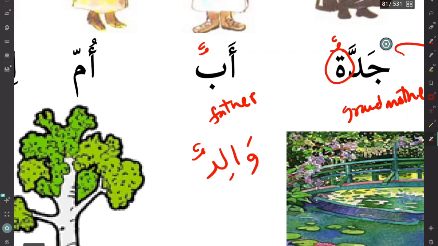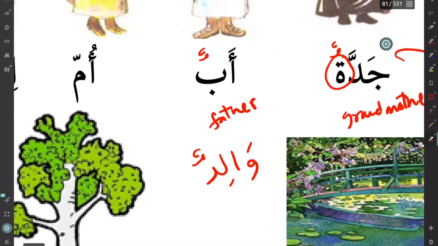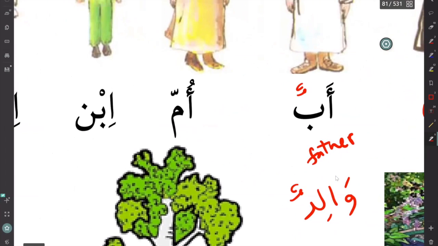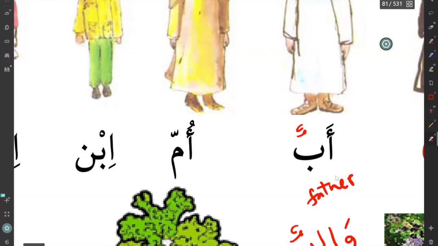which is also father. Walidun usually refers to your biological father, whereas ab can be your father, your stepfather. Sometimes you can use ab even for your uncles, so ab is more general, but ab also means father. Walidun is also your father. Umm is mother.